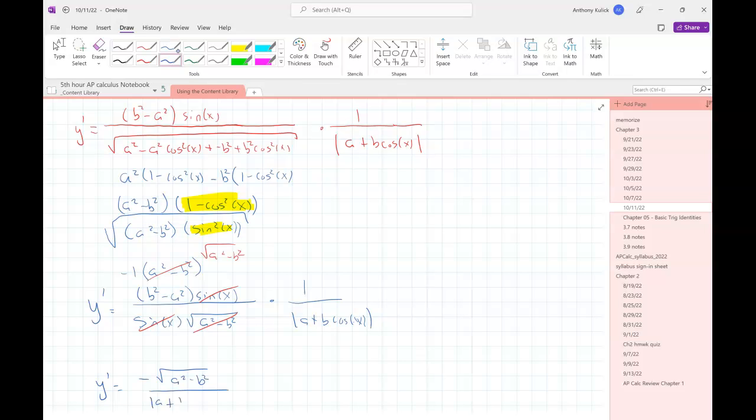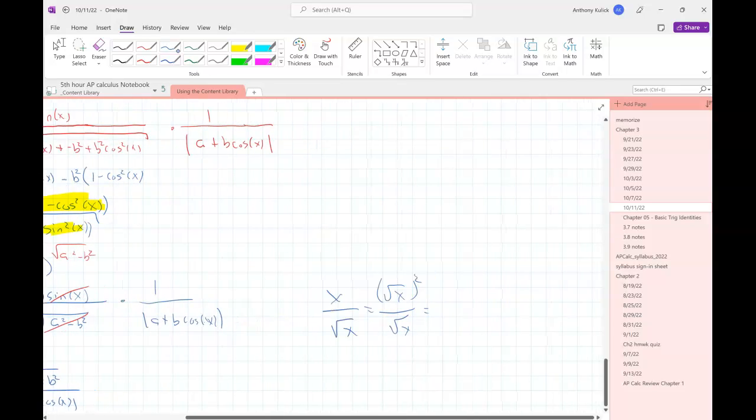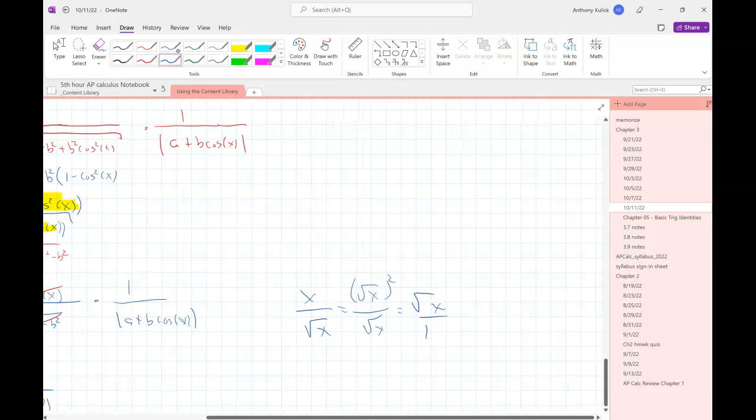Wait, how did you get this? So if I have x divided by the square root of x, that's the same thing as the square root of x squared divided by the square root of x. So they just reduce down to be the square root of x over 1. Right?